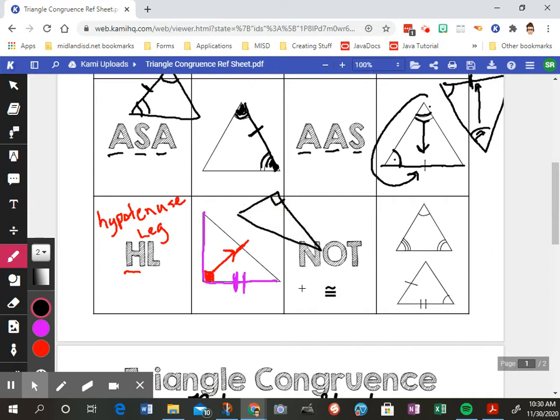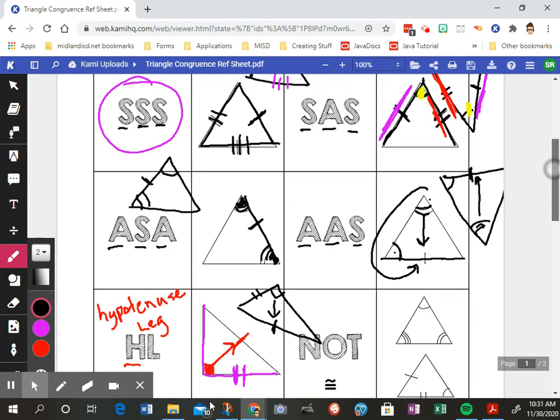Here's the right angle. I have a single one there and a double one there. These two triangles will be congruent because across from the right angle is a single, and next to the right angle is a double. So we have 1, 2, 3, 4, 5 ways of proving triangles congruent.